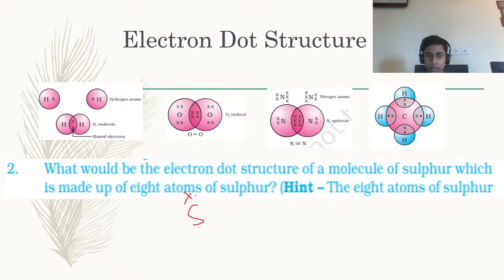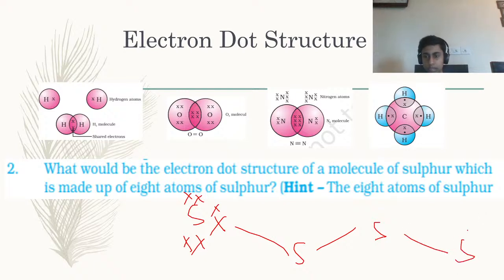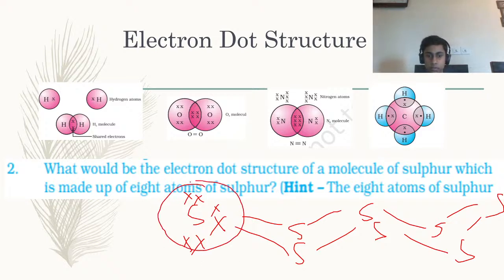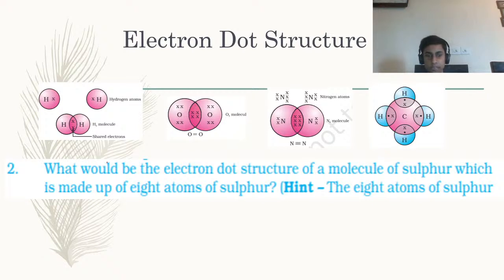We could just draw it the same way as oxygen, because they both have 6 electrons in the outermost shell. I'm not drawing the electrons for those, but it's going to be the same way. So if we draw these crosses and circles for all sulfur atoms, this would be the electron dot structure of S8, or just the sulfur molecule.